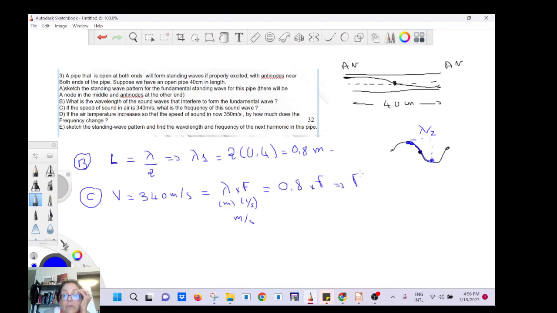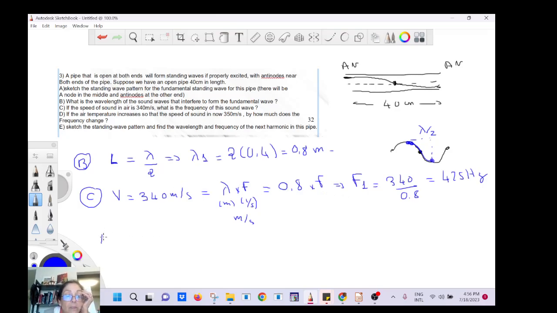Okay, so the first harmonic here will be 340 divided by 0.8. Okay, and you get 425 hertz. Second harmonic will be this times 2, the third this times 3, and so forth, and so on.